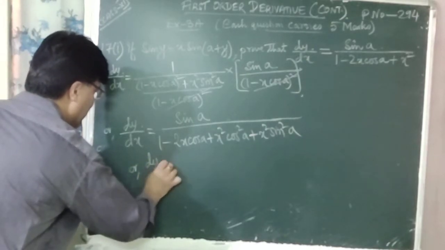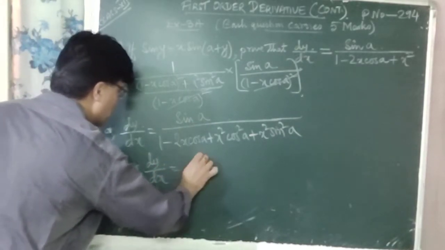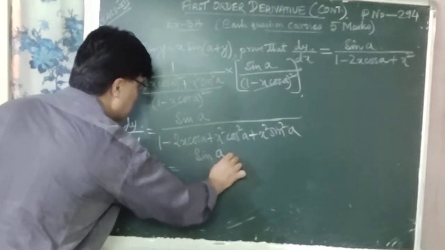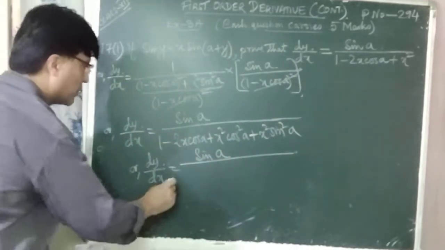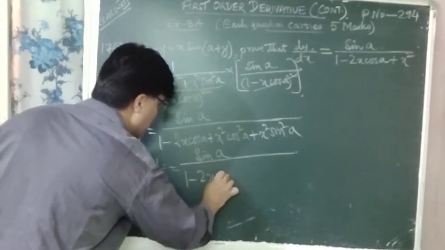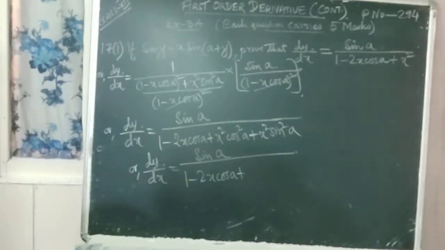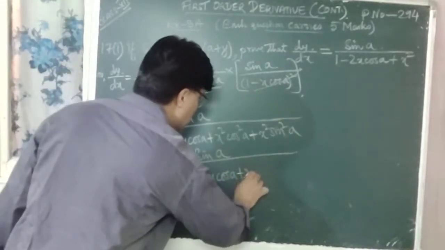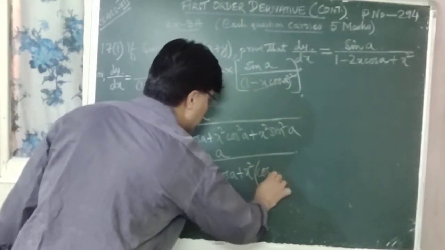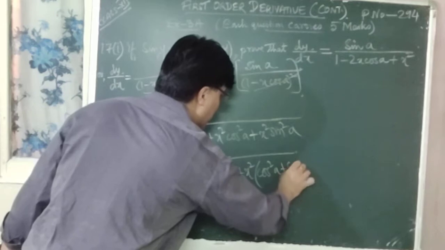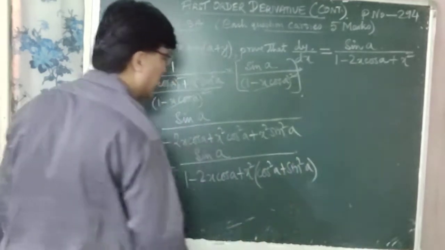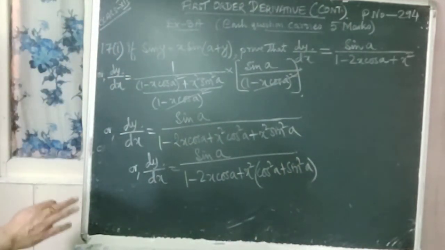Now dy by dx is equal to sin a divided by 1 minus 2x cos a plus, from the third and fourth terms, what is common out there? It is x squared, so within the bracket cos squared a plus sin squared a. Now by formula, what is cos squared a plus sin squared a?